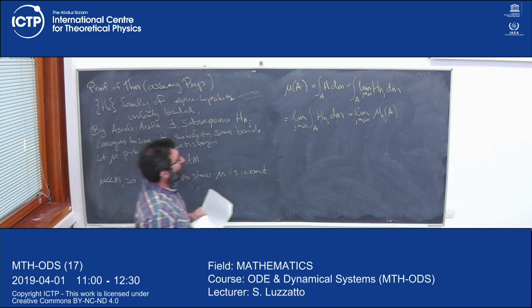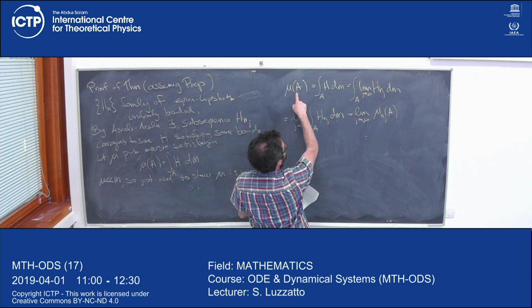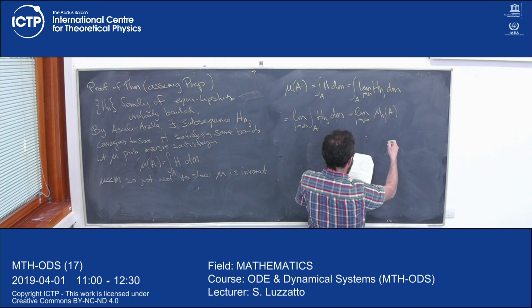So we're showing that when you construct the measure in this way, for every set the measure of the set is the limit of these.